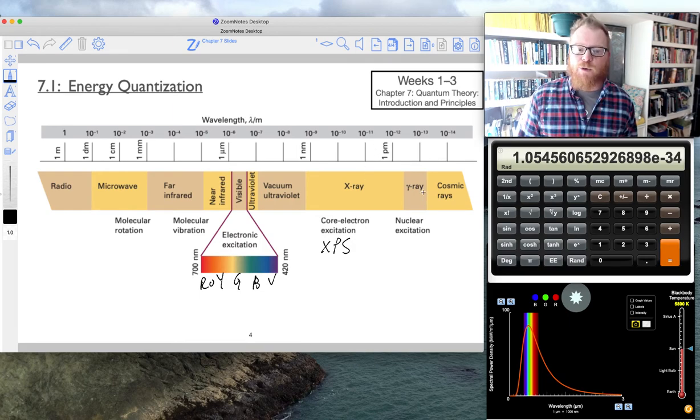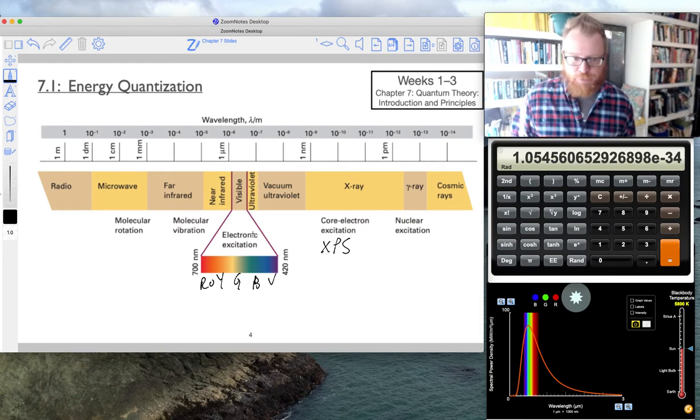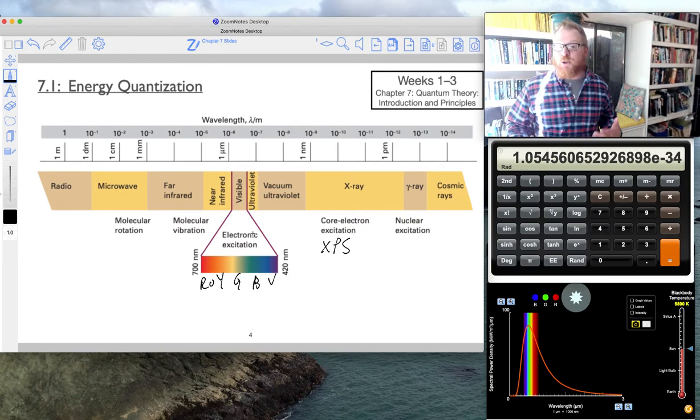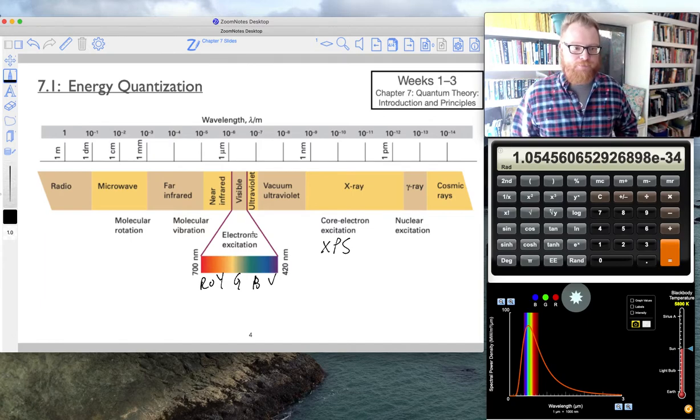We're not really going to go any past X-rays, though you notice if we got into gamma rays, we would be getting into nuclear excitations. Backing up to the visible, that's referring to electronic excitation, and of course that electronic excitation also extends into the ultraviolet and the vacuum. So really that's related to electronic transitions.